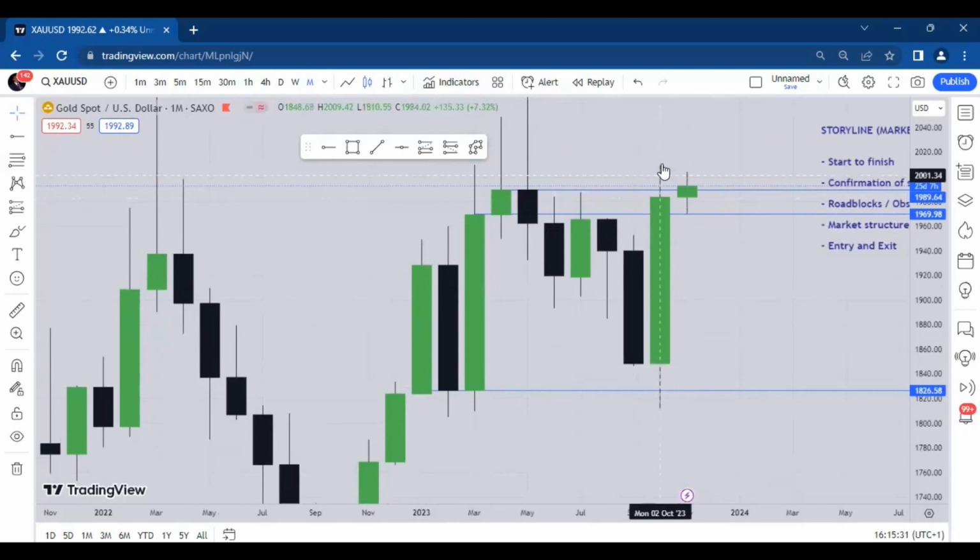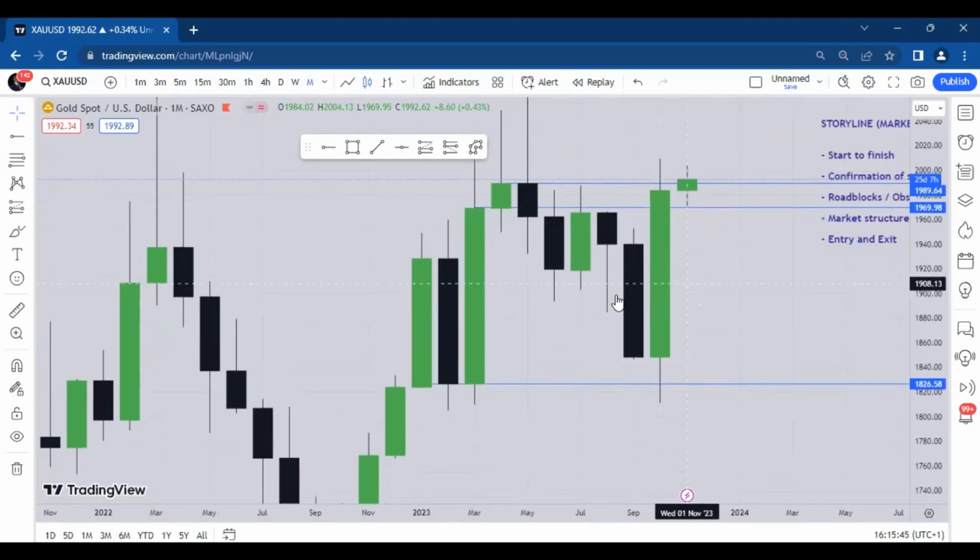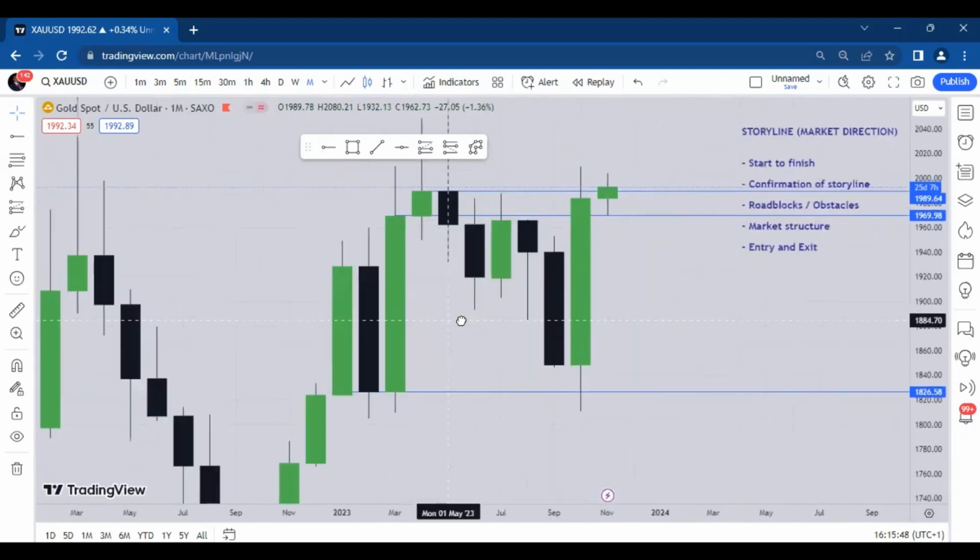So that's why we saw that we had a rejection last month, and then this month the candle is still forming, which I believe we are going to go down from here as we look at the market now. So that is how the market moves. Storyline always starts from a support to a resistance, from a resistance to a support, on all the time frames: on daily, on weekly, on monthly, even on 4 hours.